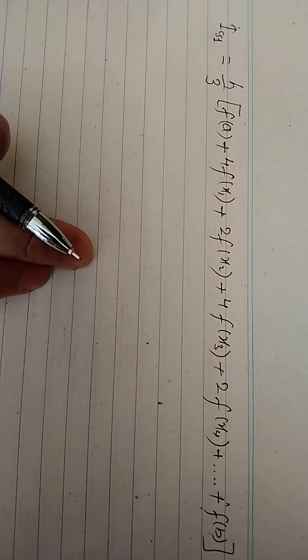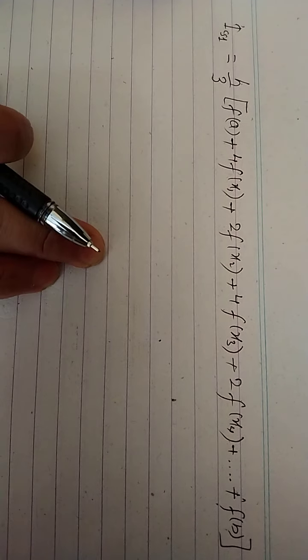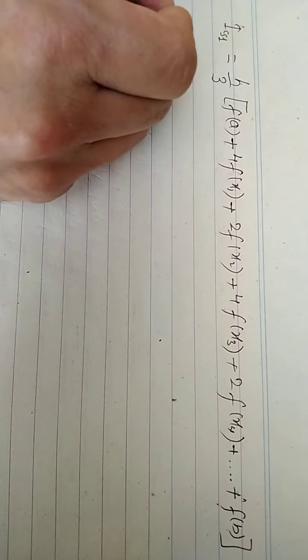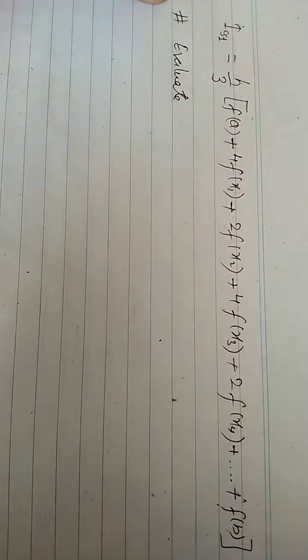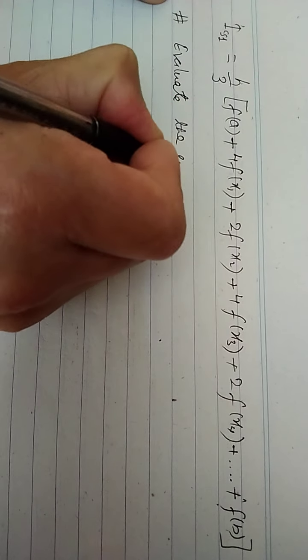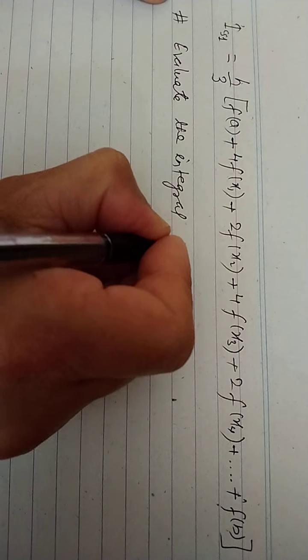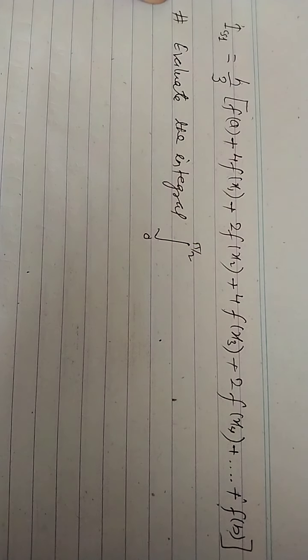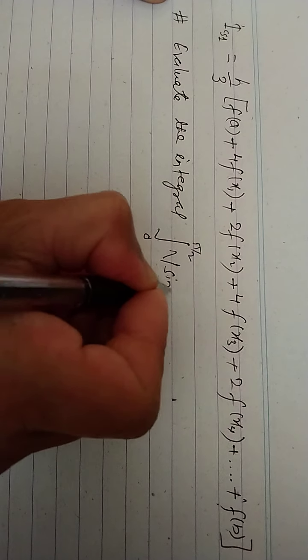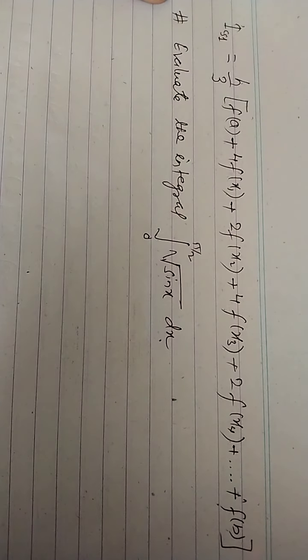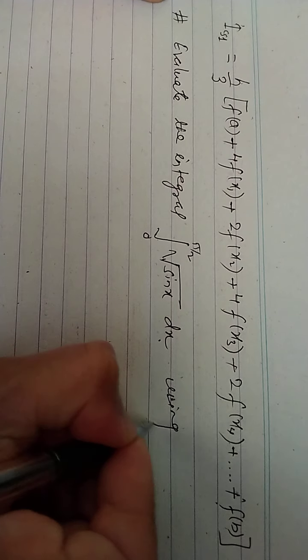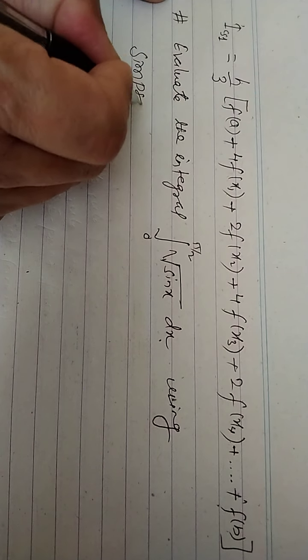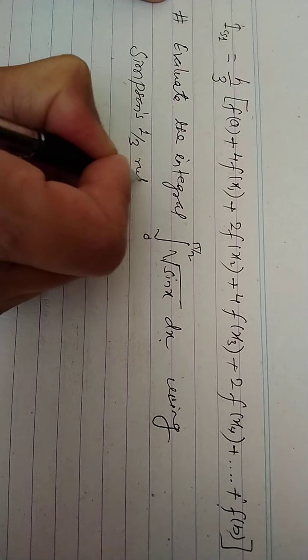Let us do a problem by a basic Simpson and also by a composite Simpson. Evaluate the integration from 0 to pi by 2 of root over sin x dx using Simpson's 1/3 rule.